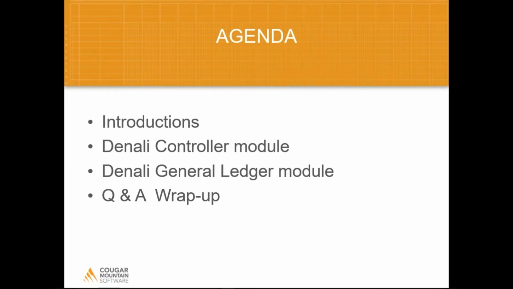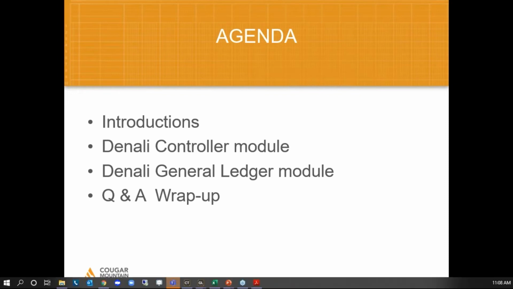And then we're going to jump into the general ledger and spend the rest of the class on going over the general ledger module, setting up your chart of accounts and customizing things in your chart of accounts specifically for report purposes. All right, so with that, we'll go ahead and jump right in.